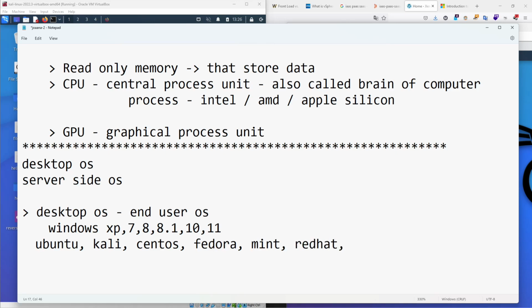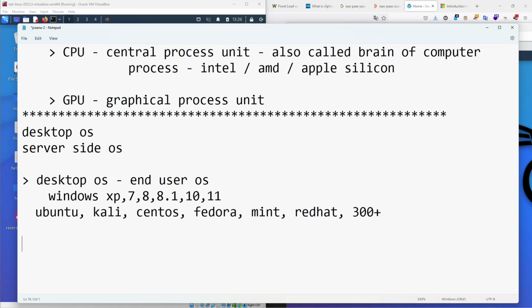Then we have multiple others. And if you go with the Apple environment, we have Mac Lion, Ventura, and the latest with M1 and M2 Pro chips. These are the operating systems on Mac laptops.